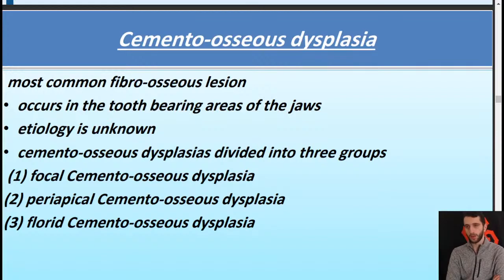This one occurs at the tooth-bearing area, while the first one, the fibrous, occurs at bones, monostotic or polyostotic, and affecting females is the Albright syndrome. One bone affected is called monostotic.